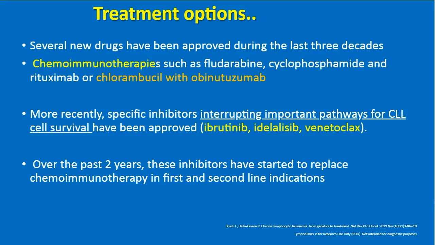And most importantly, more recently, there are specific, highly effective inhibitors interrupting important pathways for CLL cell survival that have been approved: ibrutinib, idelalisib and venetoclax. So what's happening in the last few years is that these specific targeted treatments are replacing some of the first-line and second-line indications normally used for chemoimmunotherapy.